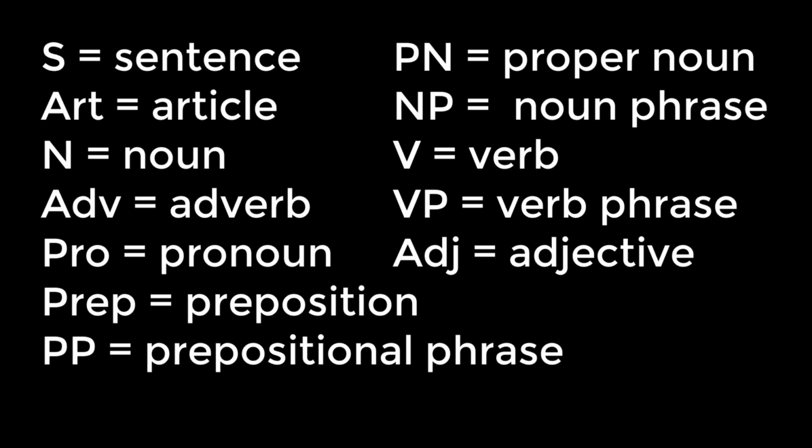Here is a list of symbols and abbreviations commonly used in syntactic descriptions. S is for sentence, PN for proper noun, Art for article, NP for noun phrase, N for noun, V for verb, ADV for adverb, VP for verb phrase, Pro for pronoun, ADJ for adjective, PREP for preposition, PP for prepositional phrase.